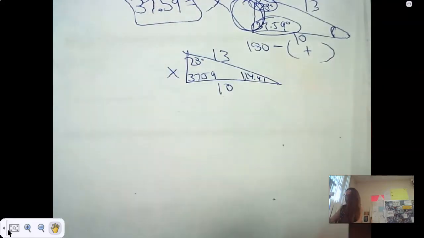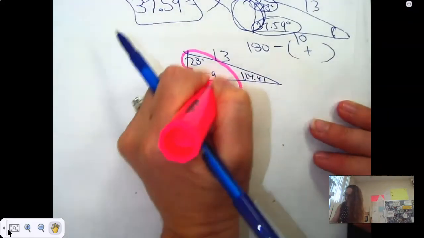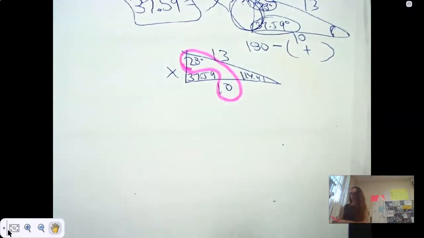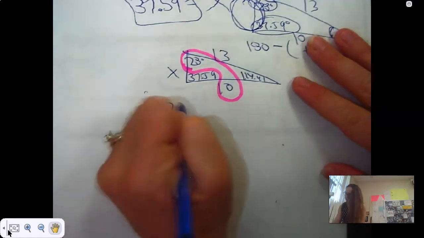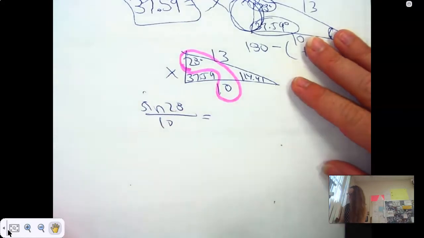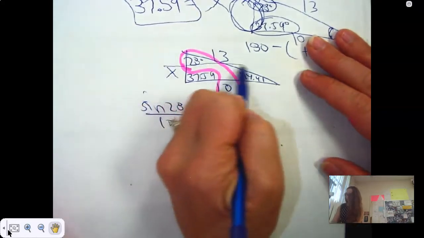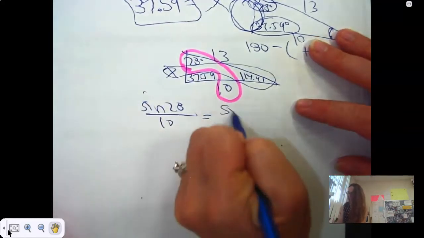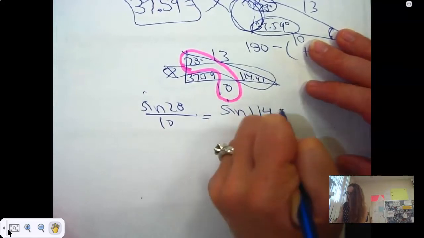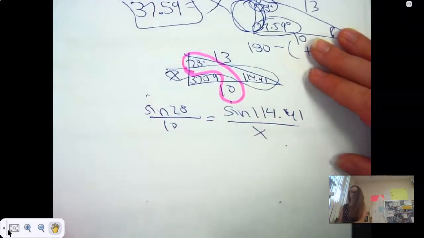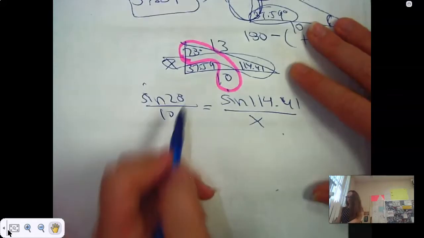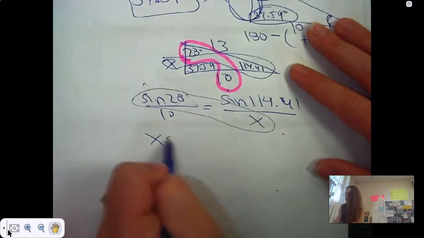Okay. Use your match, which is sine of 28 over 10 equals. And now this is my other one. So I would go sine of 114.41 over x. And then what do I do? Make an x, multiply what touches.